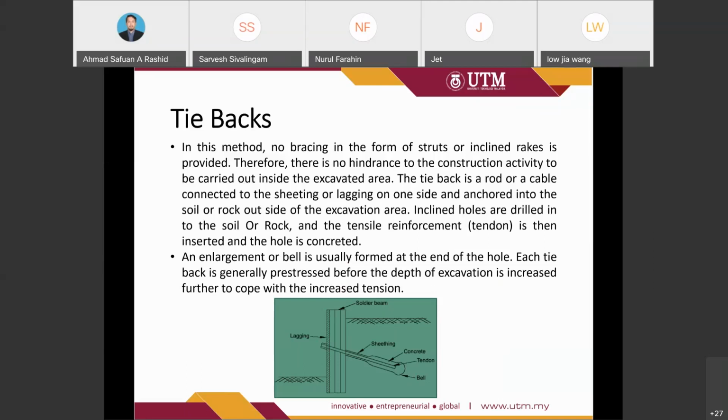Especially if there are no area to install what we call the bracing system. Okay. So to have a bracing, we need to have area to install the strut.